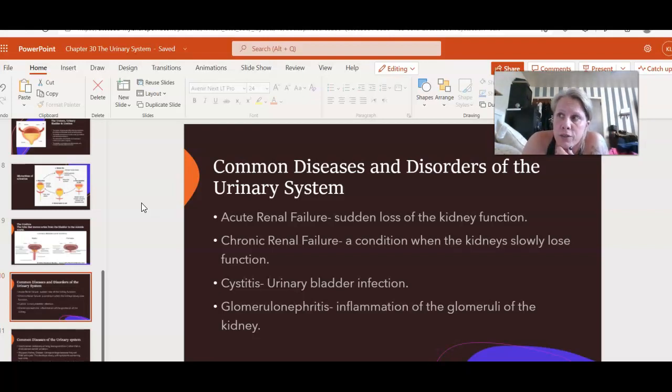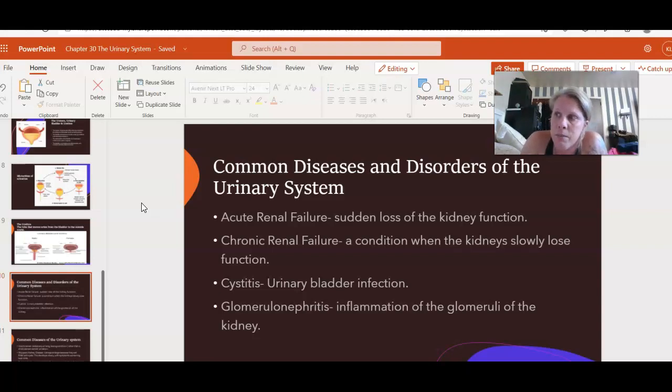Chronic renal failure is a condition in which the kidneys slowly lose their ability to function. They may have lost about 90% of their kidney function before they start showing symptoms. Causes can be diabetes, hypertension, kidney stones, or obstruction of one of the ureters.